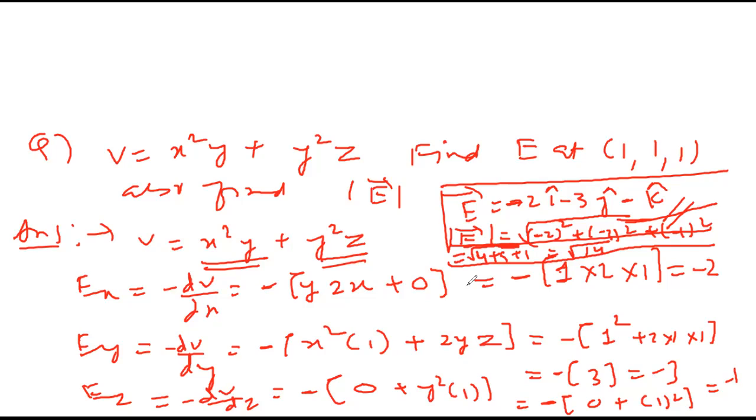Sir, root 21. Root 14 I am getting. Yes, sir. I also got root 14. I have solved. Please check, those who have got a bit of mistake in the plus minus. Root 14. Aryan, check your mistake.